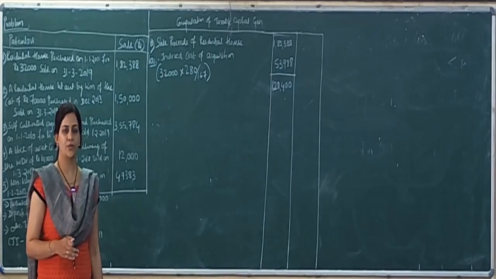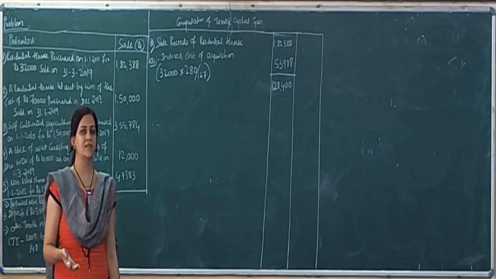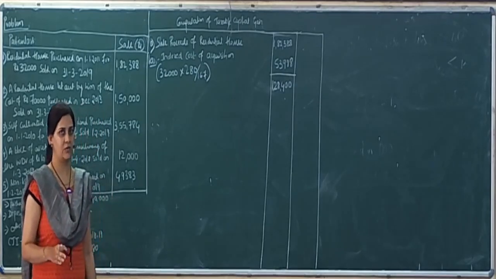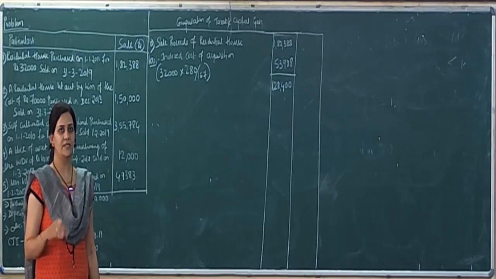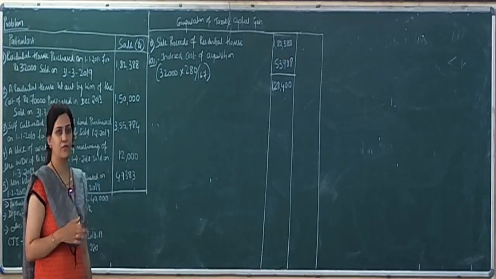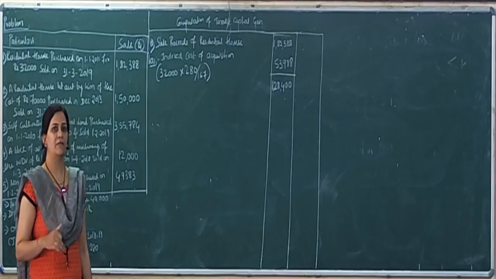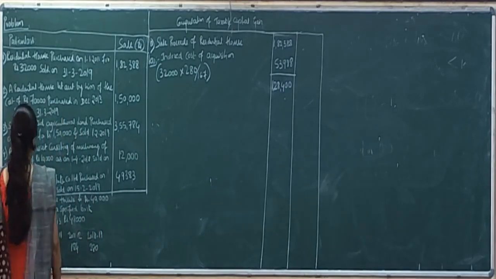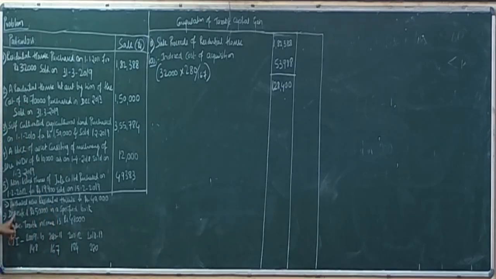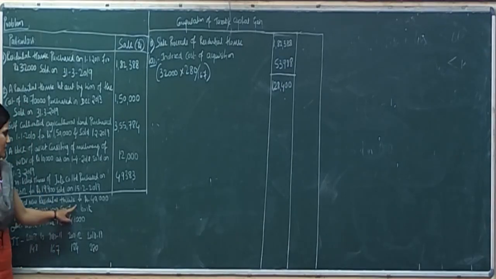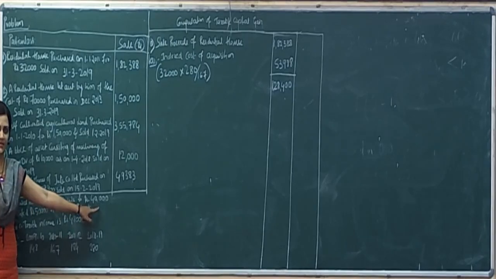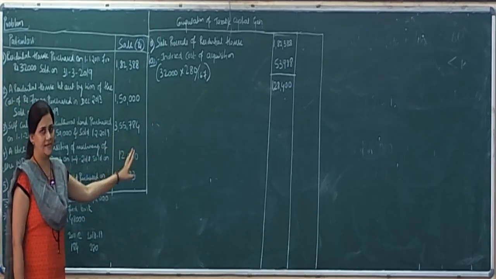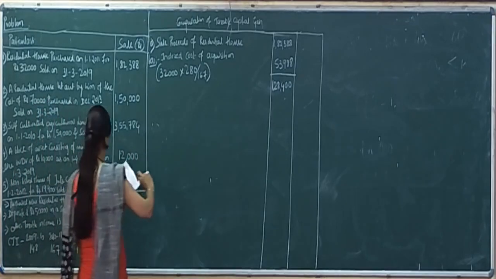So for the capital asset residential house, what exemption is given? If you have purchased any new residential house, you are eligible to get the exemption under section 54. So now we have to check, has he purchased any new residential house? Here we can see he has purchased a new residential house for rupees 40,000. Yes, and that qualifies for the exemption.